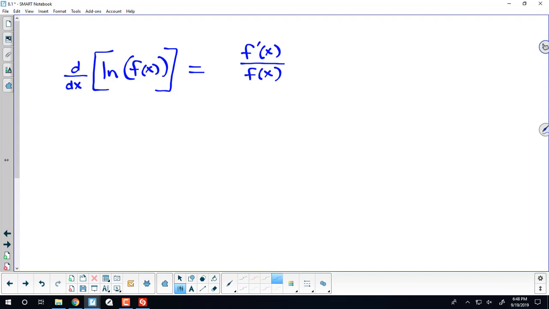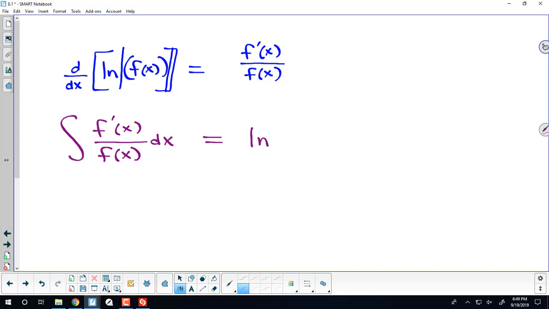Knowing that and looking at that in reverse, the antiderivative of f prime of x over f of x is, and remember this was in a more general setting, the derivative of the natural log and the derivative of the natural log of the absolute value were the same thing. So if we have the antiderivative of f prime over f, then that's just going to be the natural log, the absolute value of f of x.